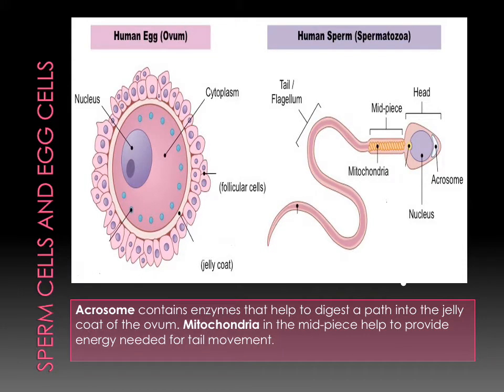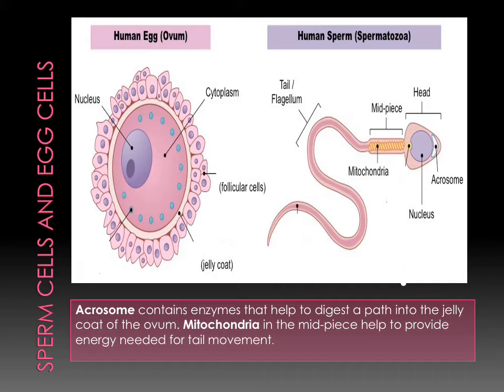Here now we have a little bit more detail. An egg cell usually has, again, a nucleus, remember, and then a cytoplasm around it, and a jelly coat. Again, these are the same things that we just spoke about.